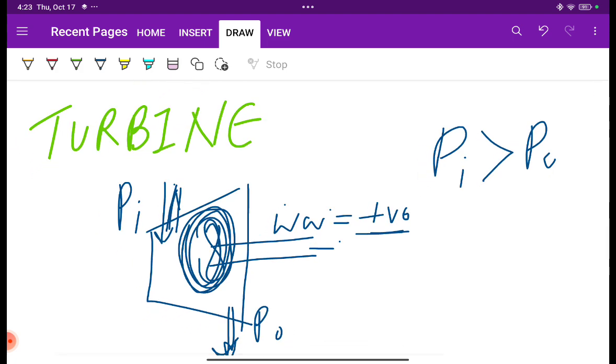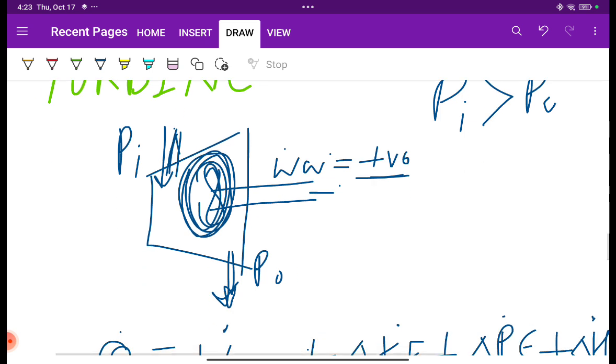So now the turbine. We know that in a turbine there is a work output, and the turbine is rotated with the input pressure Pi, and there will be an output Po. Pressure at output is less than pressure at input, since it helps to rotate the turbine, and after that the pressure at output goes through the output valve.